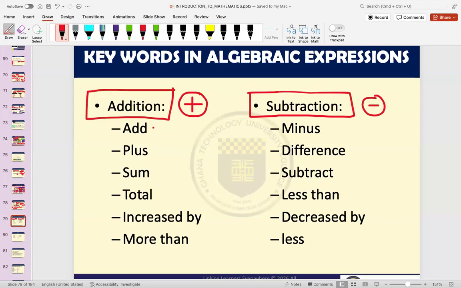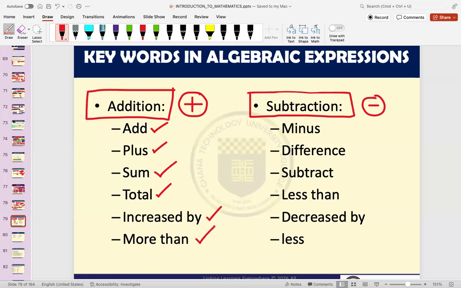So the first word for addition is that you can see the word add, or the question will say plus, or sum, or total, or increased by, or more than.